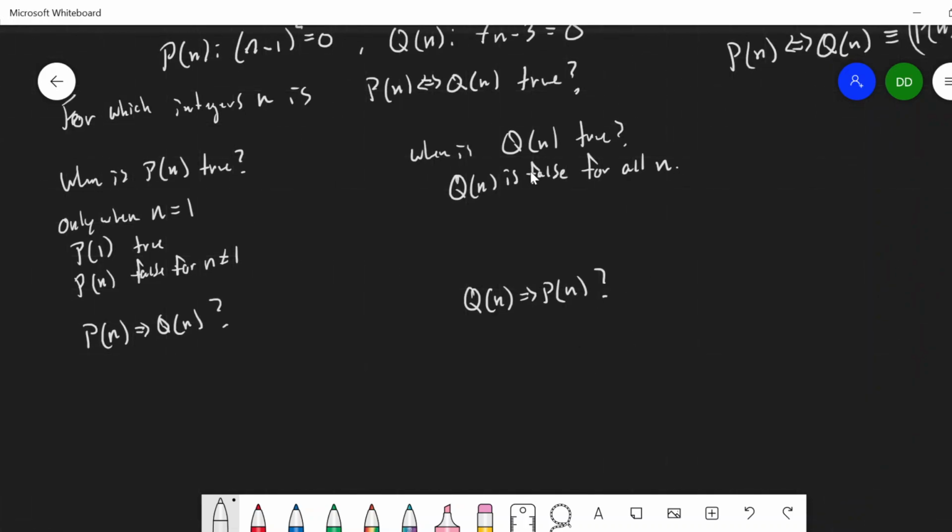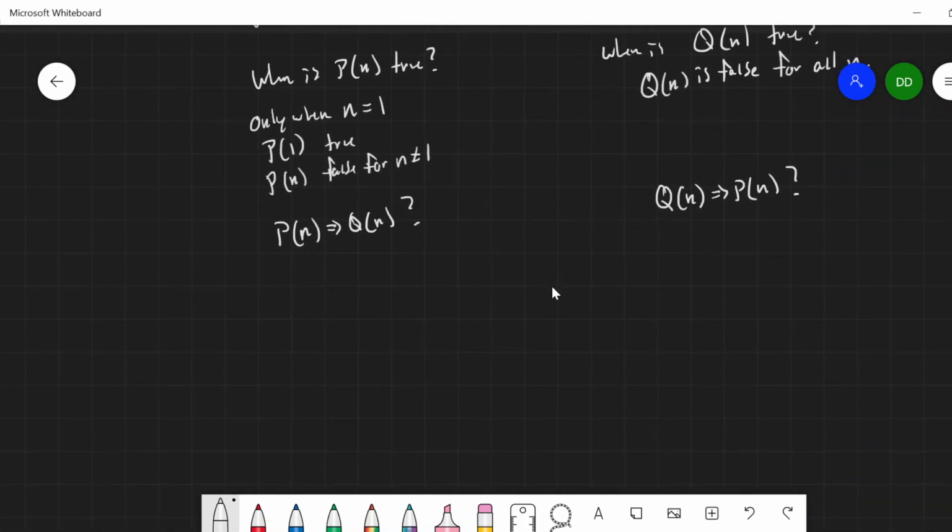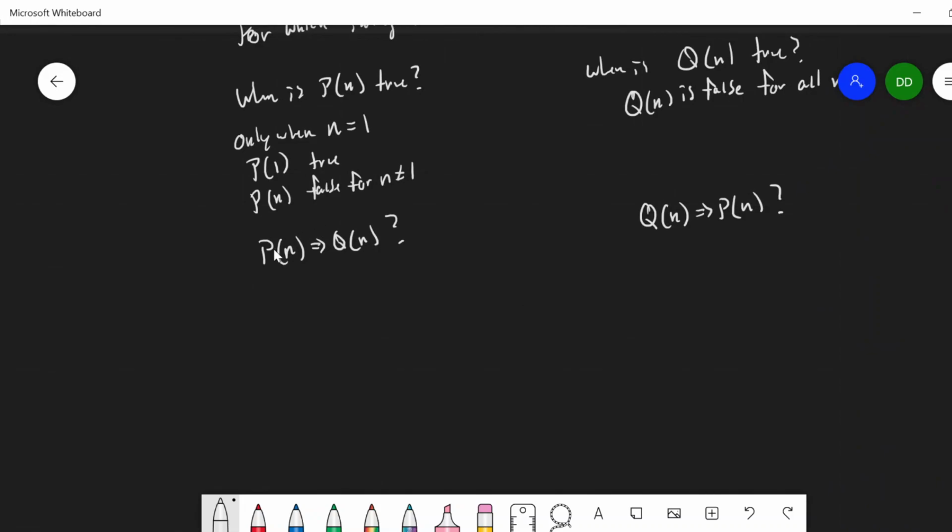Well, no, Q of 1 is false. And so in that case, this cause-effect relationship doesn't exist. P of n being true does not necessarily mean that Q of 1 is true. So this is false for n equals 1.